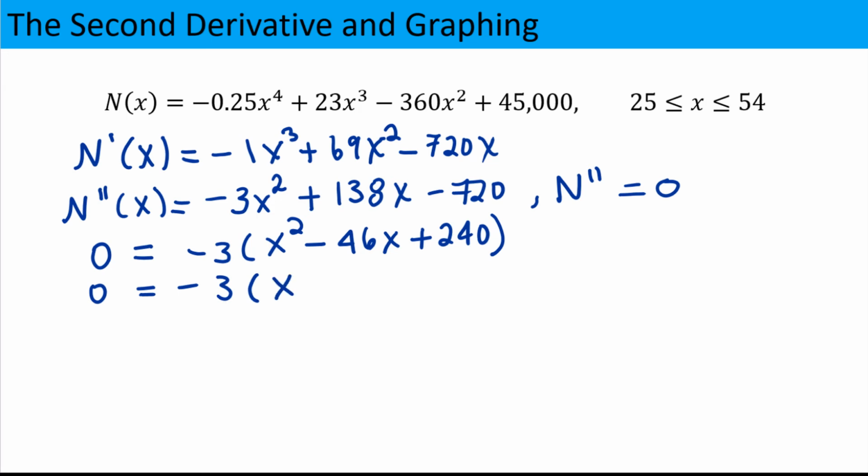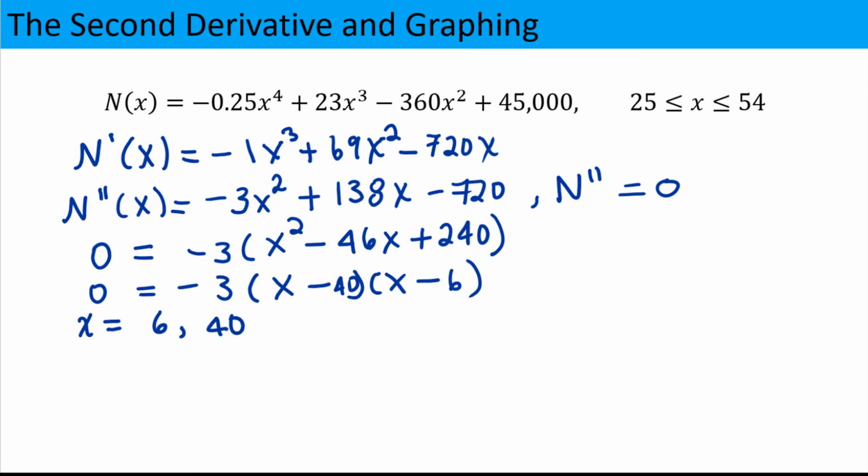We're going to have 2 x minuses. And what factors of 240 will give us a sum or difference of 46? And I believe that'll be minus 40 and plus 6. So the numbers that we get are x equals 6 and x equals 40.